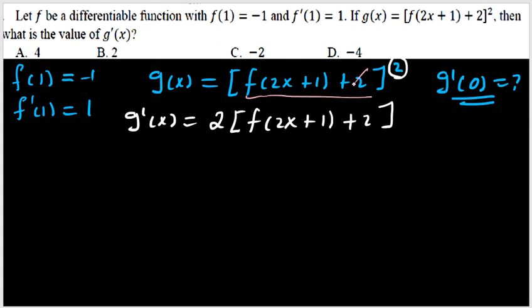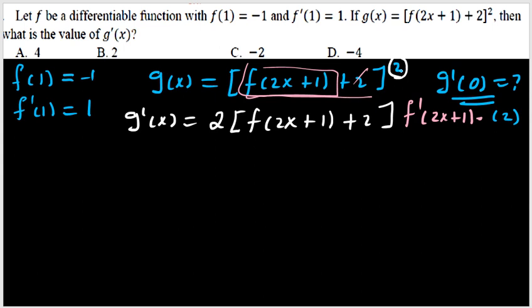The derivative of 2 is 0 since it's a constant, and the derivative of f of 2x plus 1 will be f derivative of 2x plus 1 times, since the function f has another inner function, 2x plus 1, its derivative, which is 2.